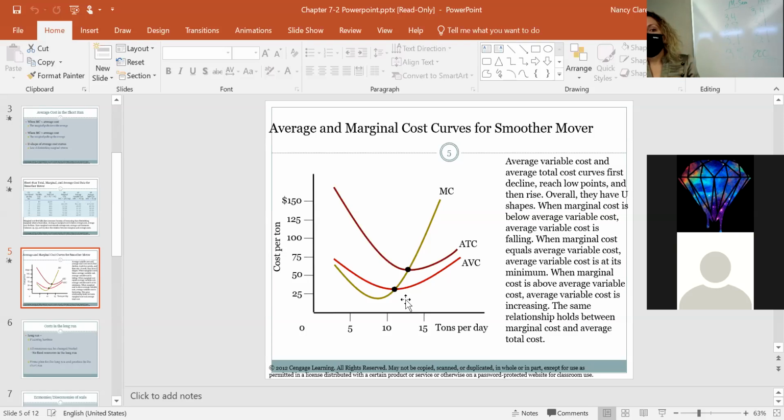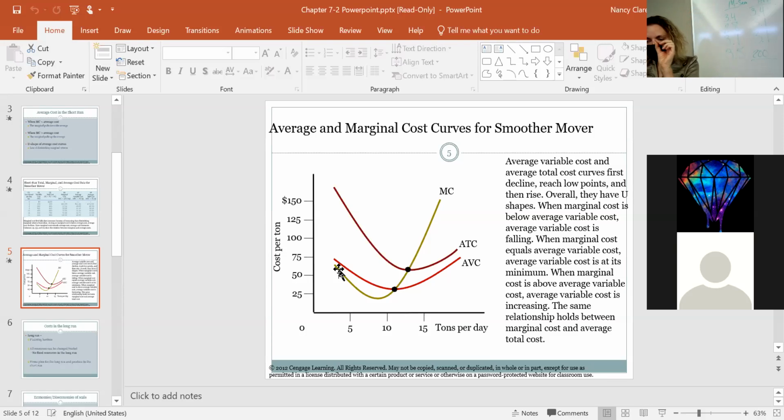We know this because we just said, when the marginal, or that green yellowish line, sits below your AVC, your average variable cost curve, it's pulling it down. So as that yellow line sits below the red line, it's pulling it down. But once your marginal is above your average, it begins to pull it up.